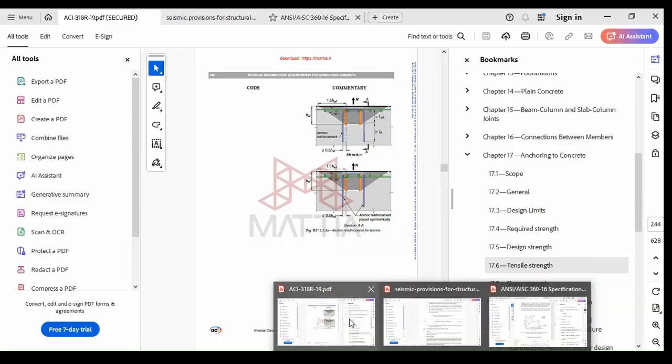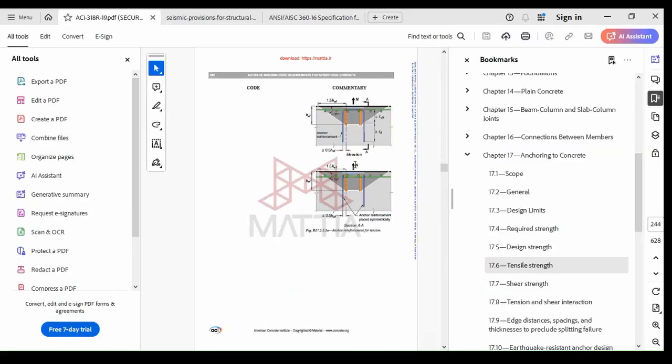If you go to ACI requirements, this is how you should put the reinforcement to withstand axial force in concrete breakout in tensile force, you should put them in this situation and in this pattern.